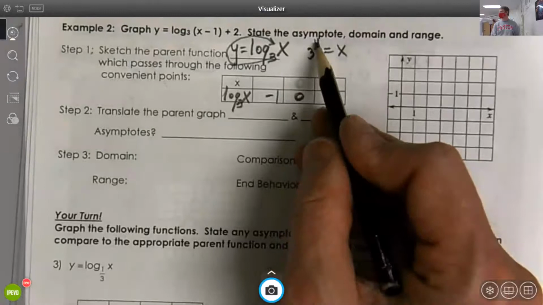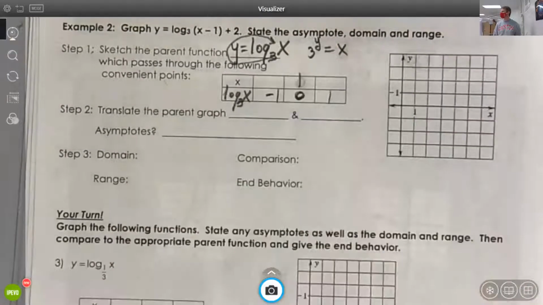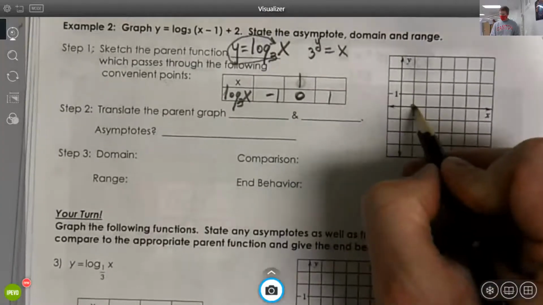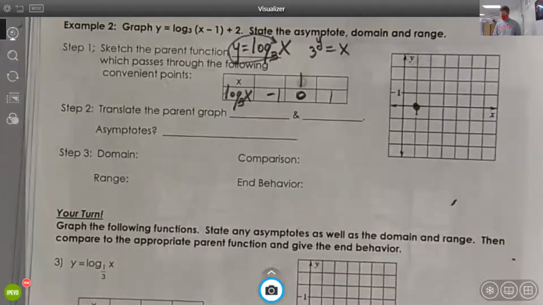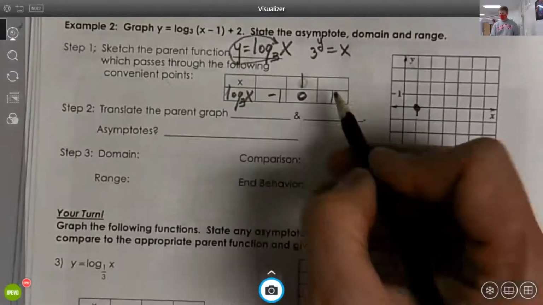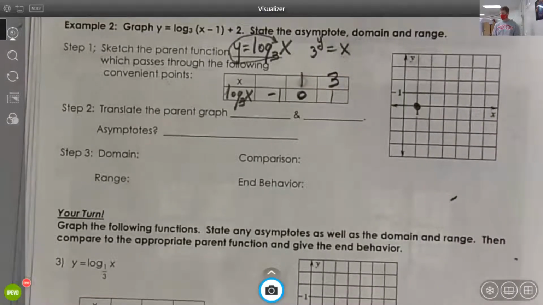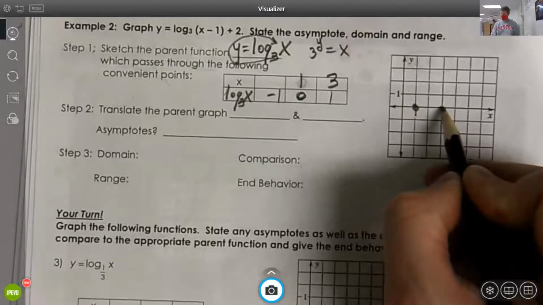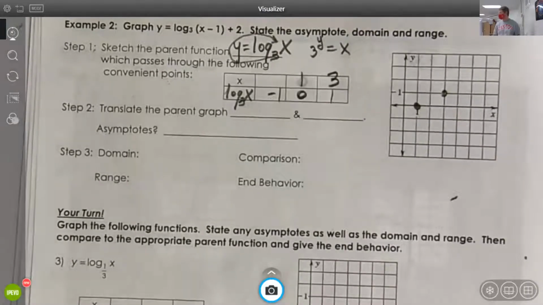So when y is 0, when the exponent is 0, you know we're going to get the value of 1. So when x is 1, y is 0. When y is 1, we know the x value would have to be 3. 3 to the first power is 3. So when x is 3, y is 1.